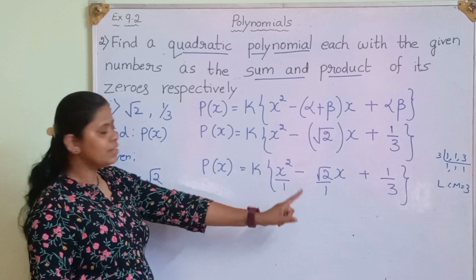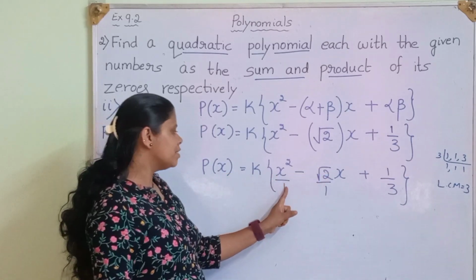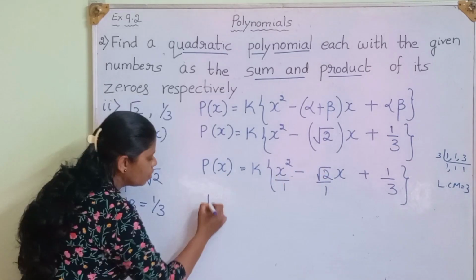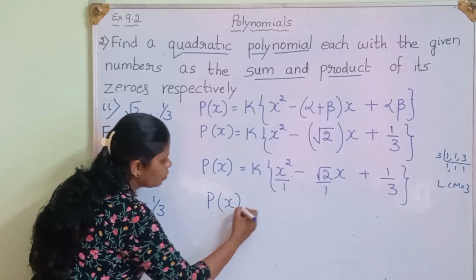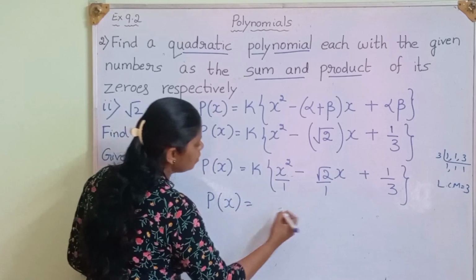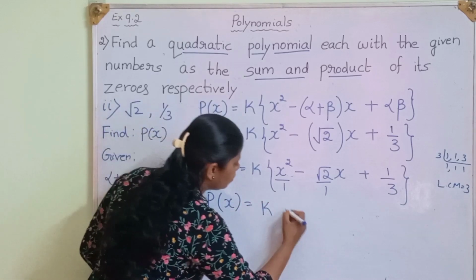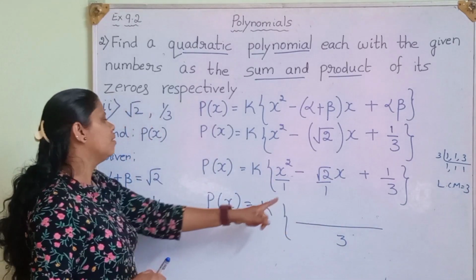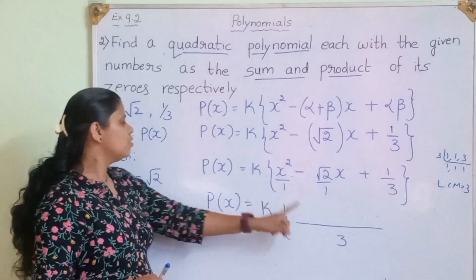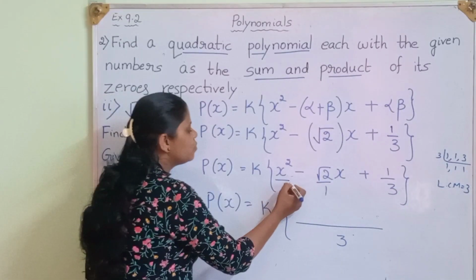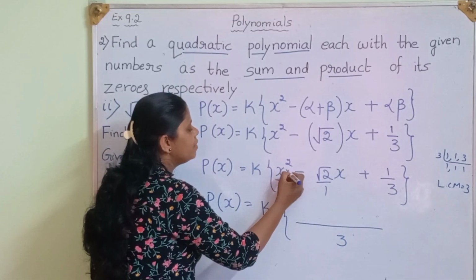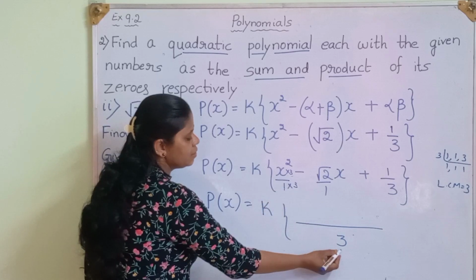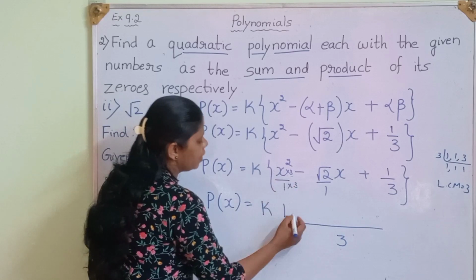Now to equalize the denominator, we will multiply this 1 by 3. P of x is equal to 3. It is the LCM. Right? Therefore, divided by 3. To equalize this 1 to 3, what we will do? We will multiply it by 3. 1 into 3 is 3. 3 into x square.